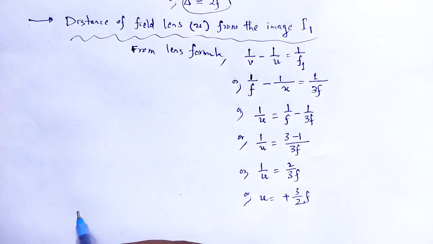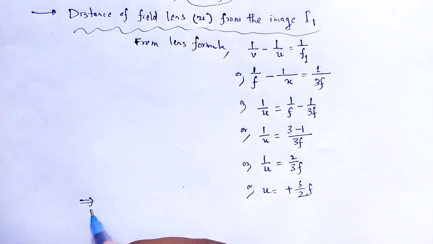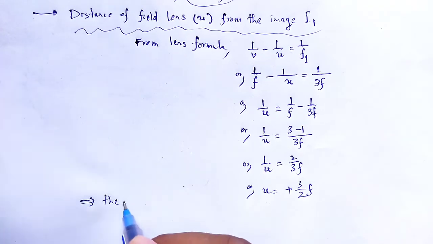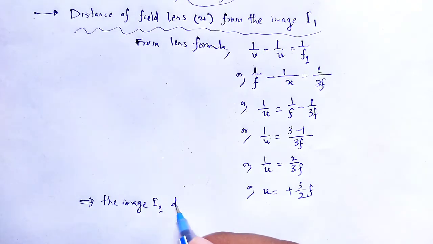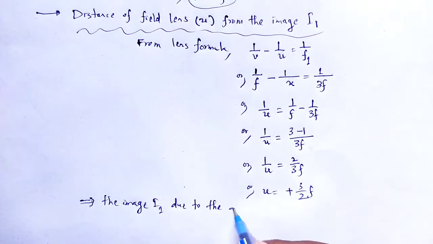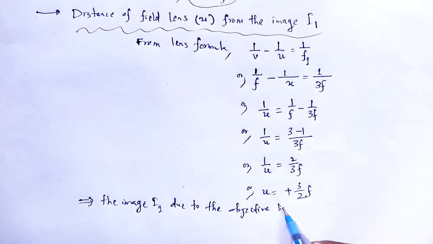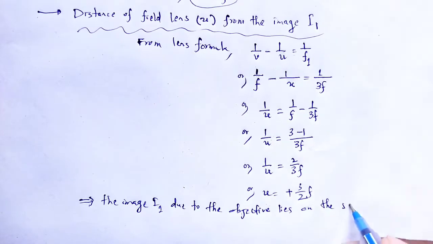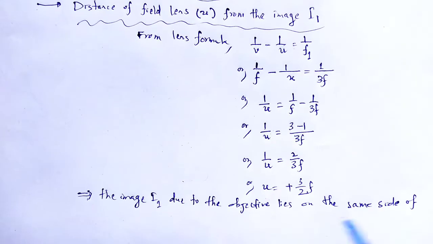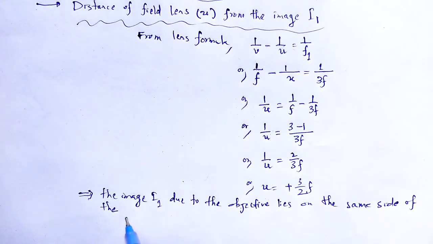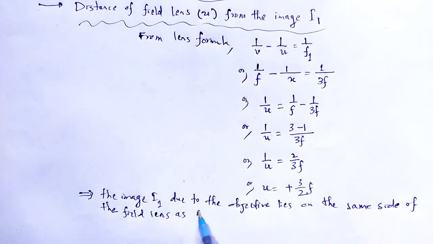This shows that the image I1 due to the objective lies on the same side of the field lens as image I2.